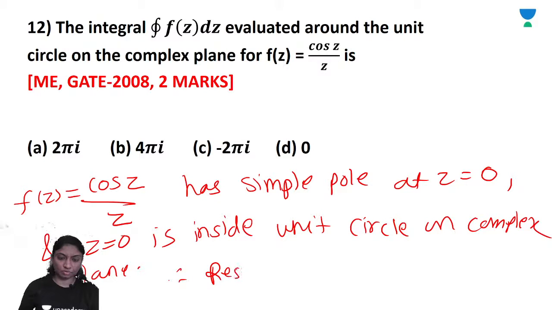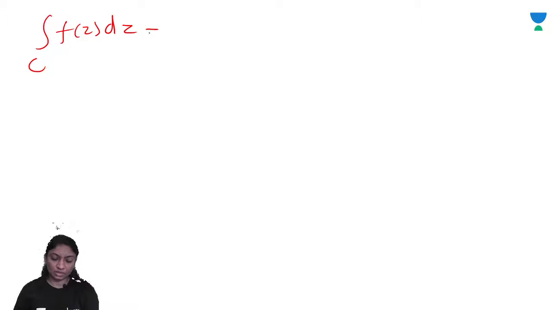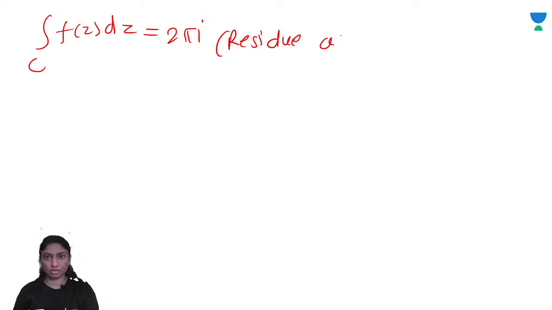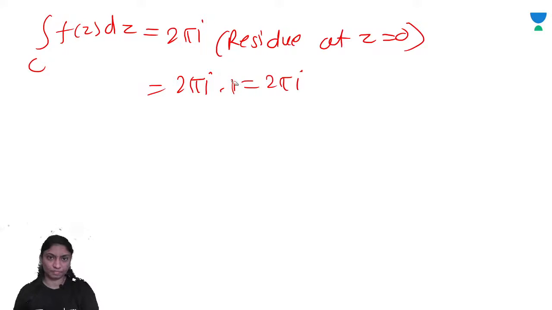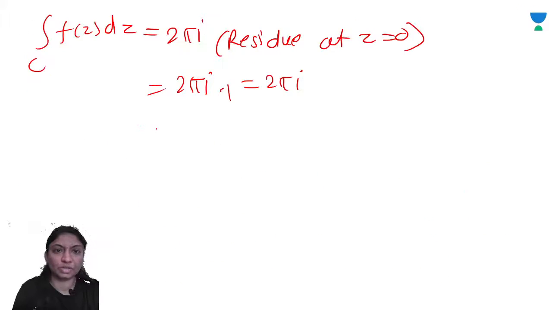Therefore, residue of f of z at z is equal to 0. Its integral over c of f of z dz is equal to 2 pi i into residue at z is equal to 0, which is equal to 2 pi i times 1, which is equal to 2 pi i, right? Option A. Very simple actually.